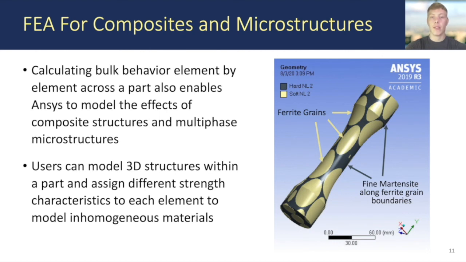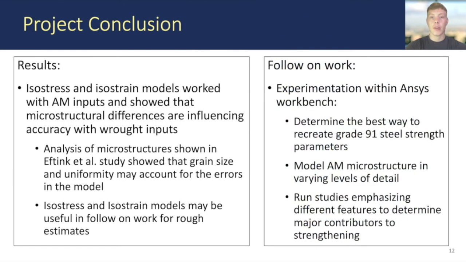To summarize the conclusions from this summer, I found that isostress and isostrain were quite effective models with additively manufactured-based inputs and significantly less accurate with wrought-based inputs. Considering the microstructure differences found in the grain orientation mapping, though, I believe that the difference can be accounted for well enough to use these models for rough estimates before using more complex models.